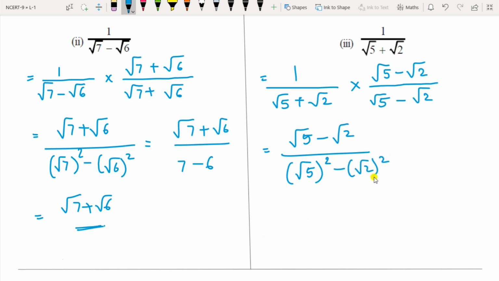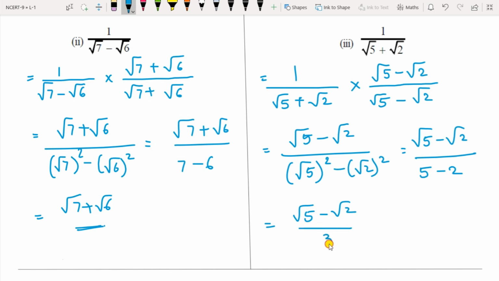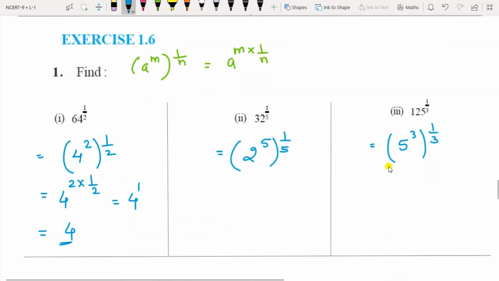So that will be equal to root 5 minus root 2 upon 5 minus 2. So the answer is root 5 minus root 2, the whole upon 3. This is the answer. So that means we have rationalized the denominator, not the numerator. Only you have to see the denominator. Here comes the exercise 1.6.